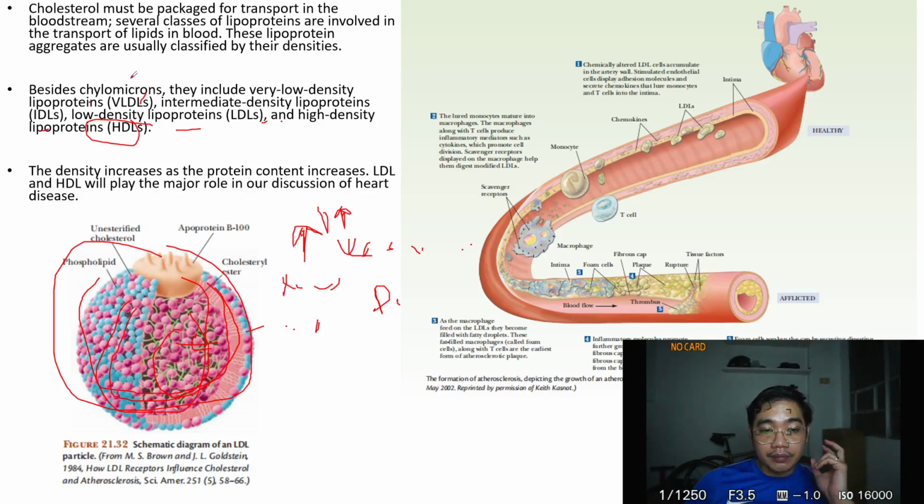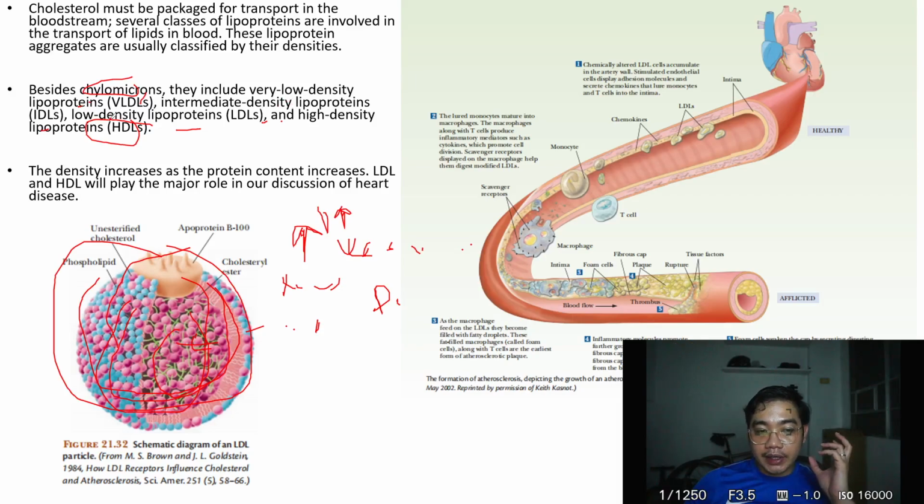That's why your chylomicrons are the largest, because they have the most amount of fatty acids and cholesterol. They're the largest, but they're also the least dense.